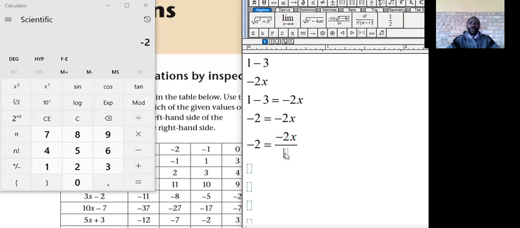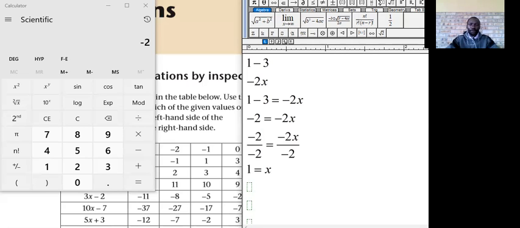Well, we divide what is on the left-hand side by minus 2, and also we divide what is on the right-hand side by minus 2. That is right-hand side and left-hand side. So also here we have minus 2. This way, we have a value of 1 on the left-hand side and an x on the right side.